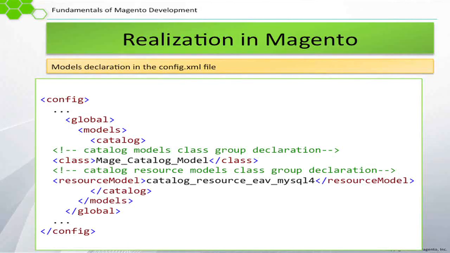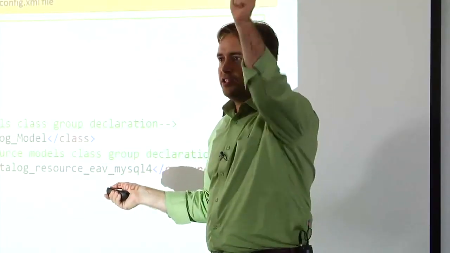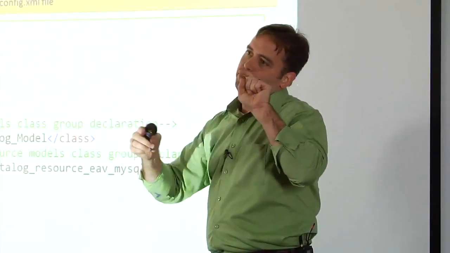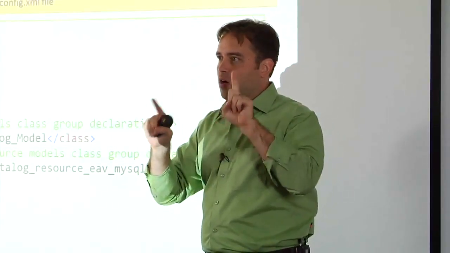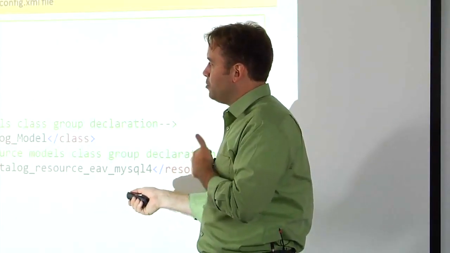Config global models. There's config global models, config global helpers, and config global blocks. This is why those folders are up to you, what you want to call them. This right here is the prefix. And because name and position in the file system are one and the same, this always will map to a file system.